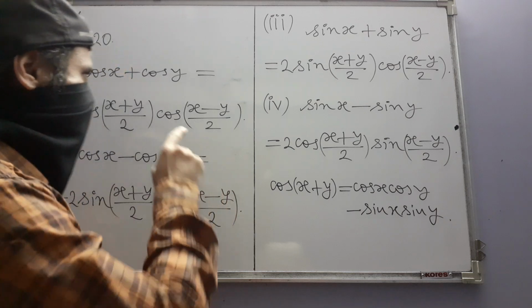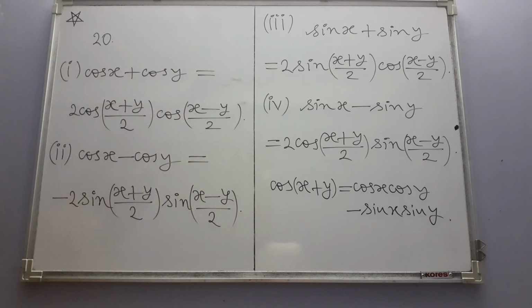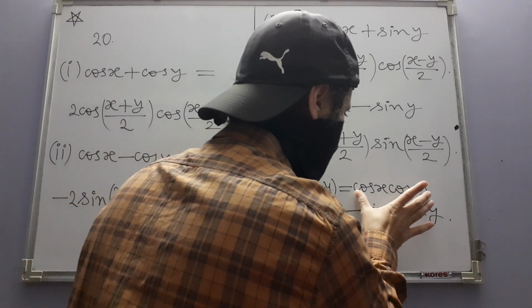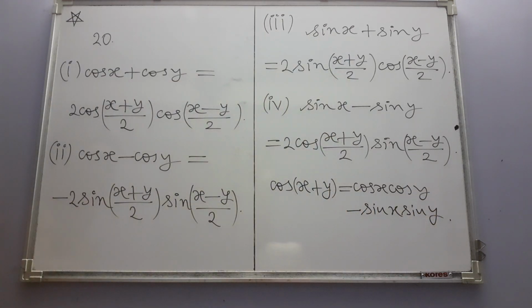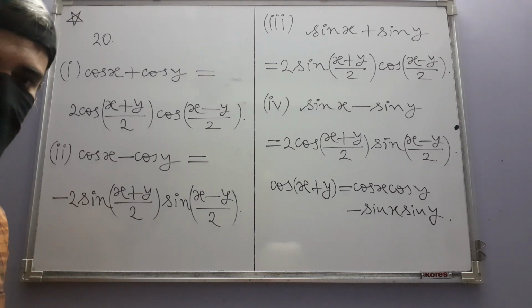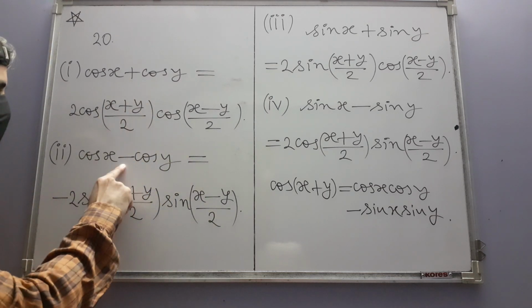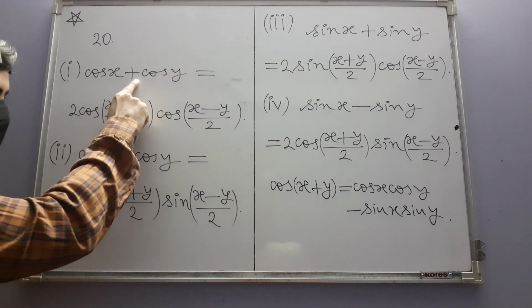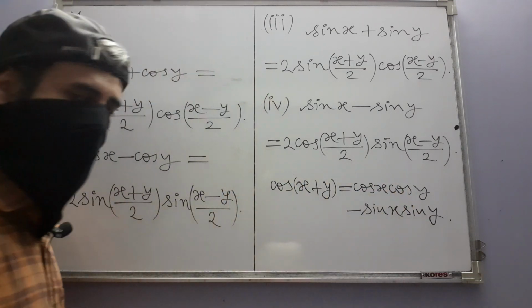Let us first see that when both the terms are cosine terms, then either you have cos cos or sin sin. Which one will you have? That will depend on what the operation is. If it is addition, then it is cos cos. Why? Because that is the plus term here.